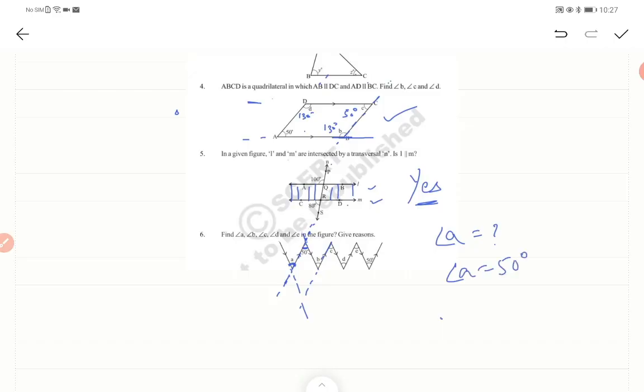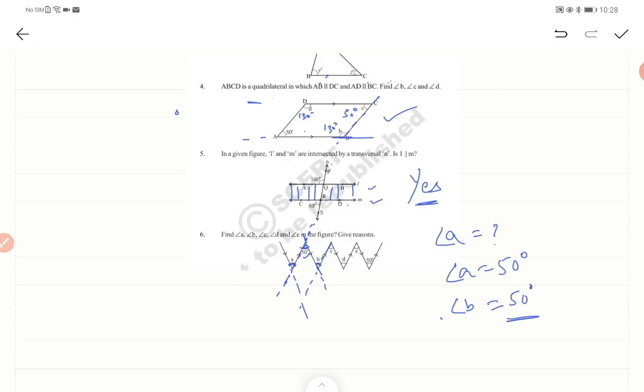Now what about angle B? If this is 50 degrees, obviously angle B and this angle are alternate, so it is also 50 degrees, right? Like this, you just go on, because they are all alternate angles, so all will be equal to 50 degrees.